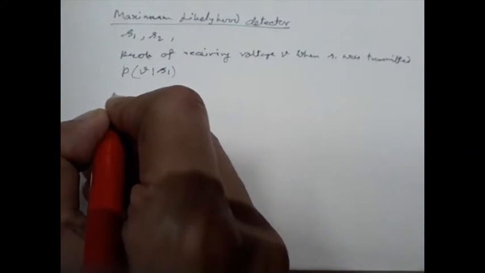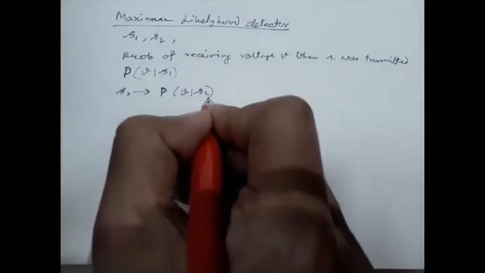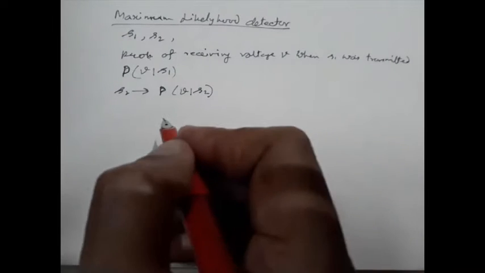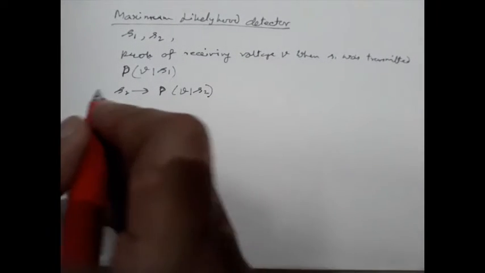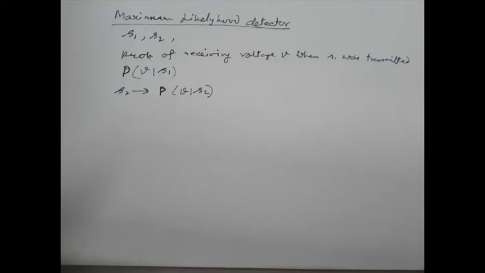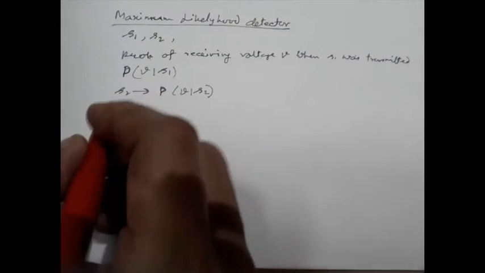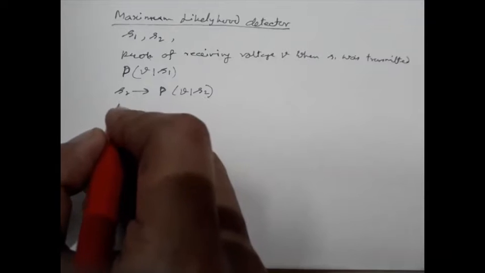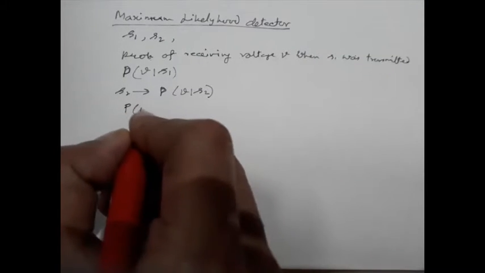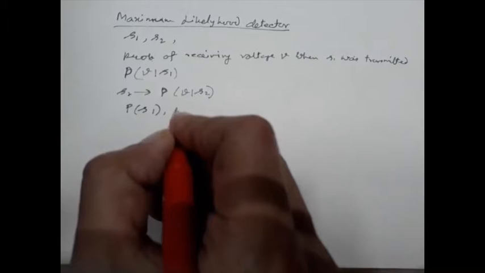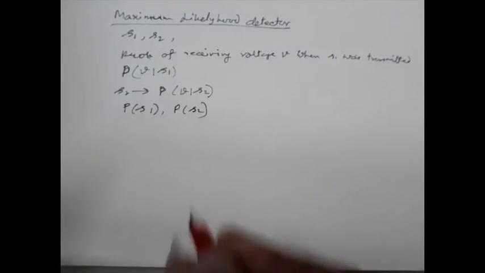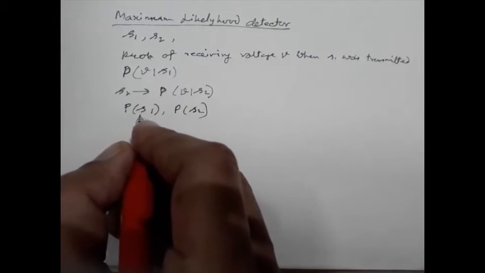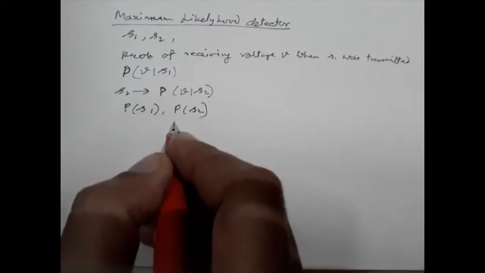Similarly, for S2, the corresponding conditional probability is given by P(V given S2). Also, the a priori probabilities of S1 and S2 are, say, P(S1) and P(S2). A priori probability means the probability with which S1 and S2 are transmitted.